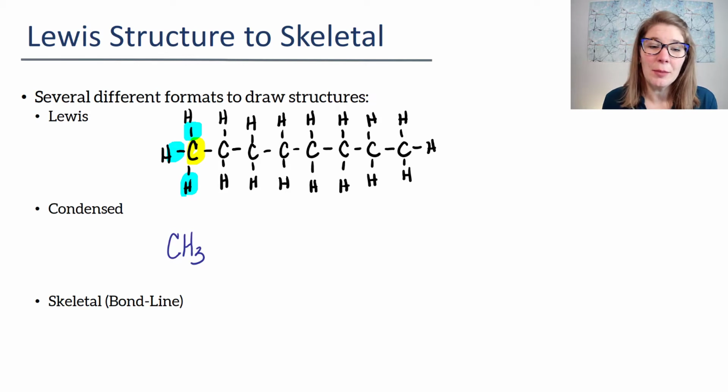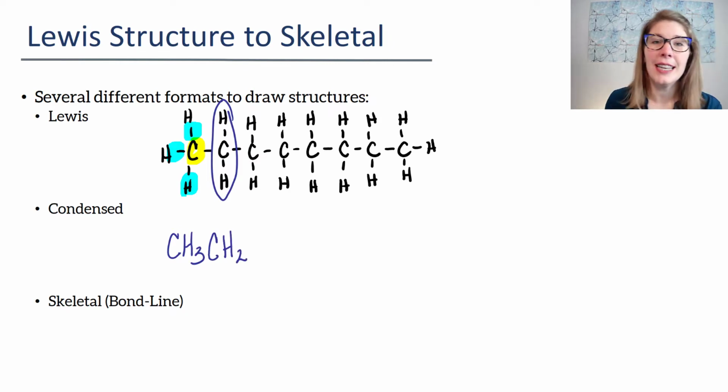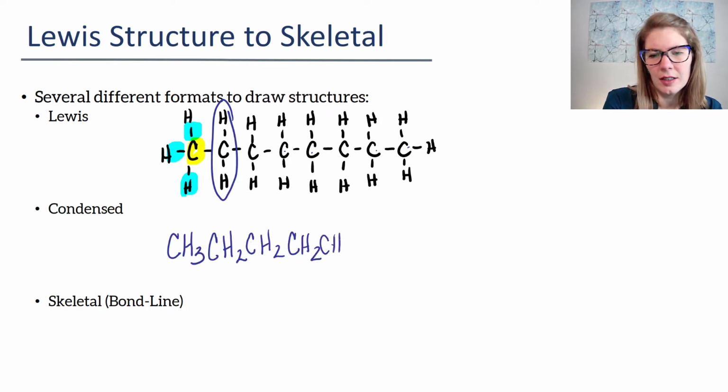Then if we look at the subsequent carbon, this one right here has only 2 hydrogens attached. We continue this until we've drawn in all of the carbons. So we just keep going. I'm just going to count really quick, to make sure I got the right amount. So that's 3, 4, 5, 6, 7, 8.